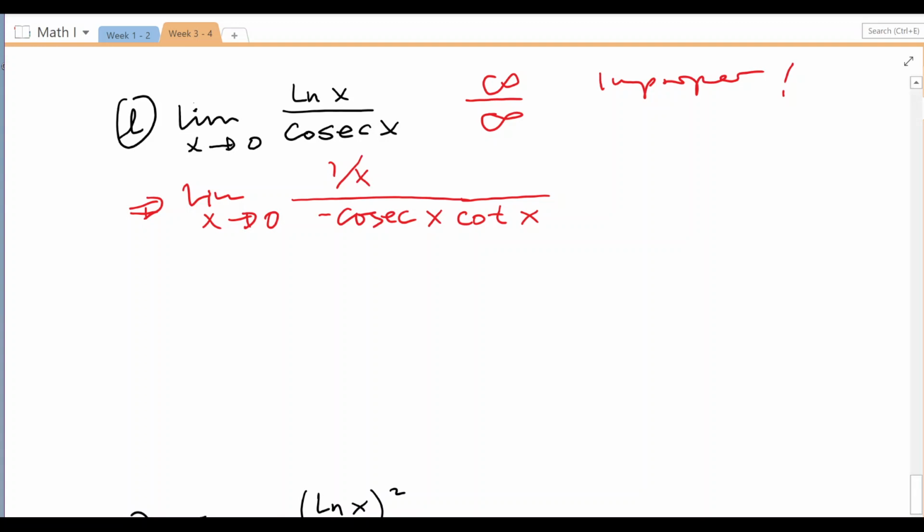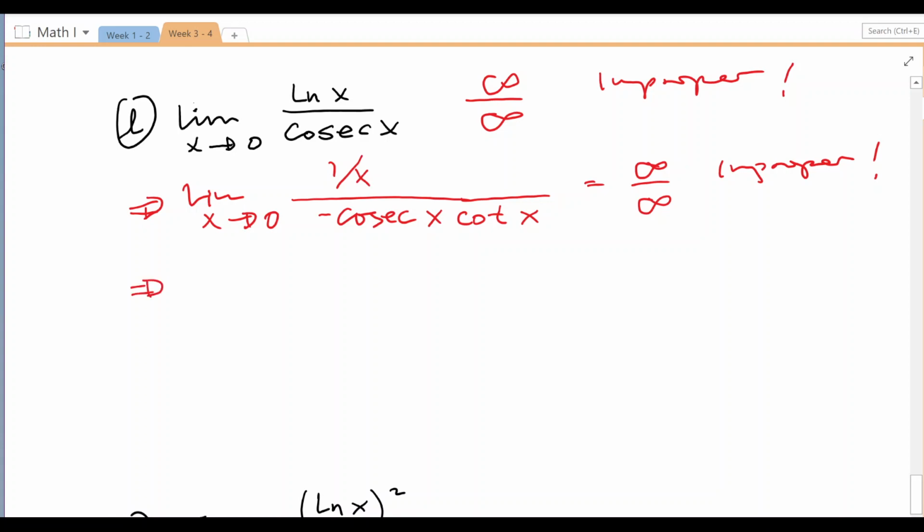If we do direct substitution, we still get infinity over infinity, so this is still improper. Let's just rearrange first.